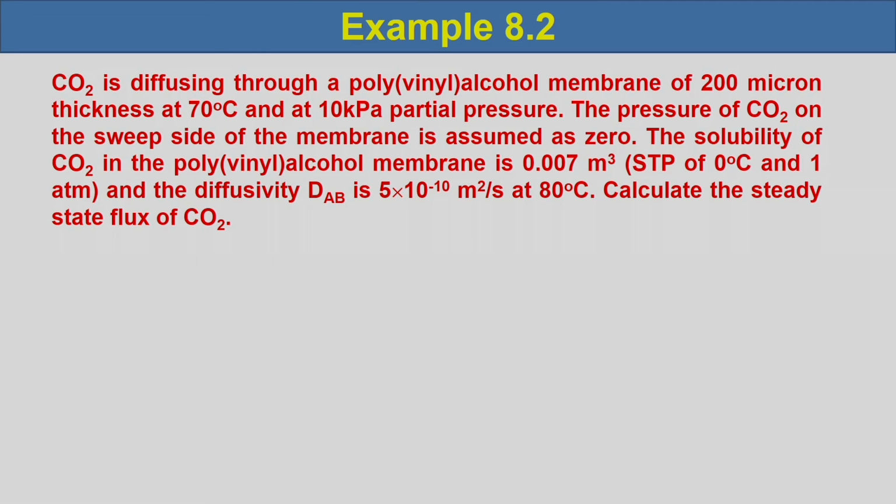The solubility of carbon dioxide in the polyvinyl alcohol membrane is 0.007 meter cube STP at 0 degree centigrade and 1 atmosphere pressure, and the diffusivity DAB of component A, that is carbon dioxide, in the solid is 5 into 10 to the power minus 10 meter square per second at 80 degree centigrade. Calculate the steady state flux of carbon dioxide.